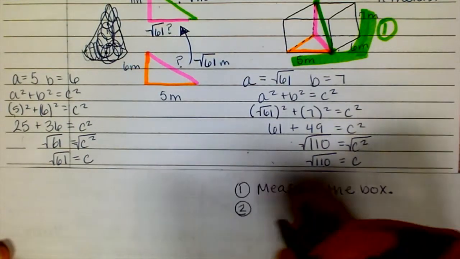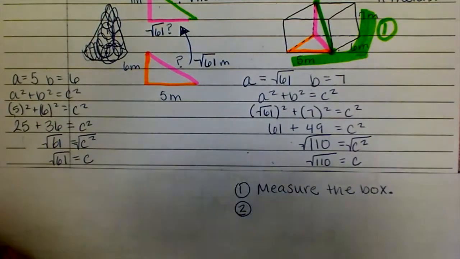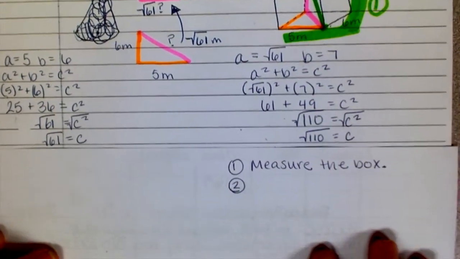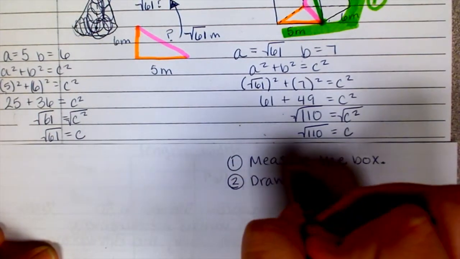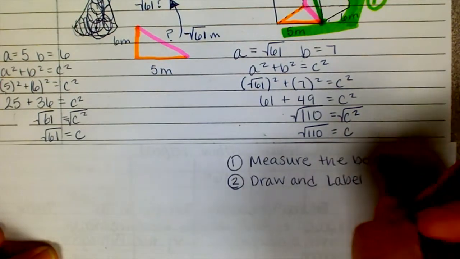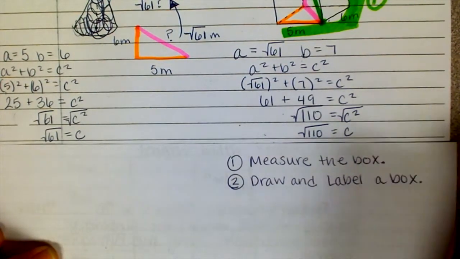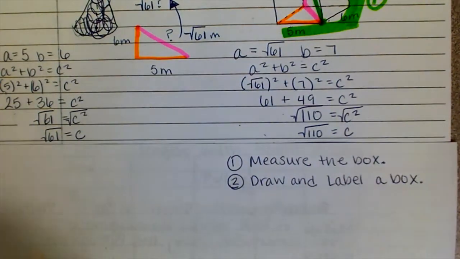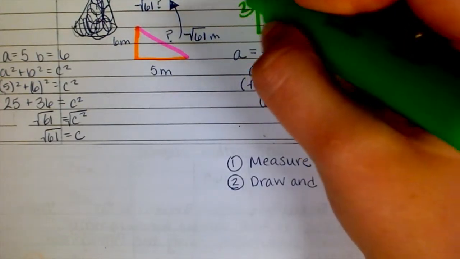The second thing, and I do this because it makes sense to me, okay? The second thing that I do is draw a picture. And then we label it. So I'm going to put draw and label a box. So all of this whole picture right here is step 2.